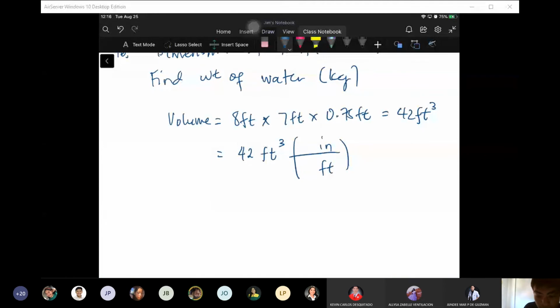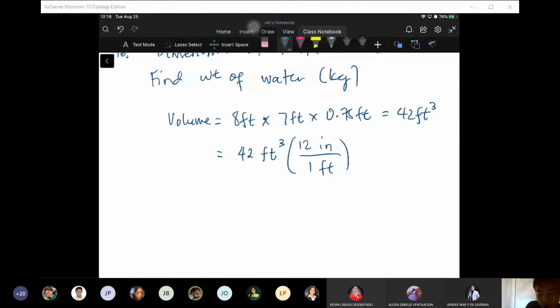So, ganun yung gagawin natin, ha? So, how many inches are there in a feet? 12 inches. How many times do we have to convert? 3 times. Bakit? Kasi naka-cube to. Yan o, cube. If that is cube, and this is raised to the power of 1, hence we have to do this conversion 3 times.